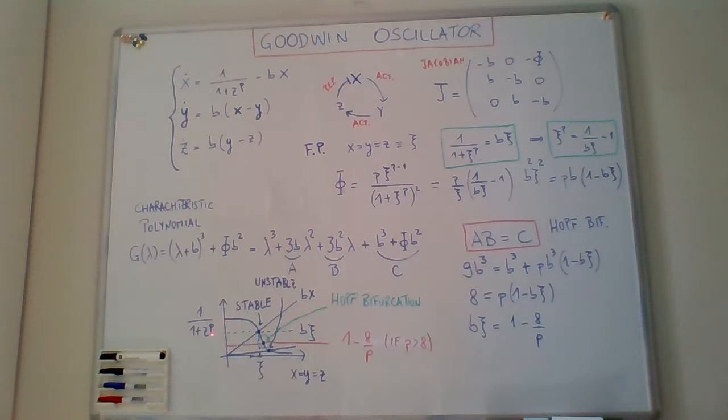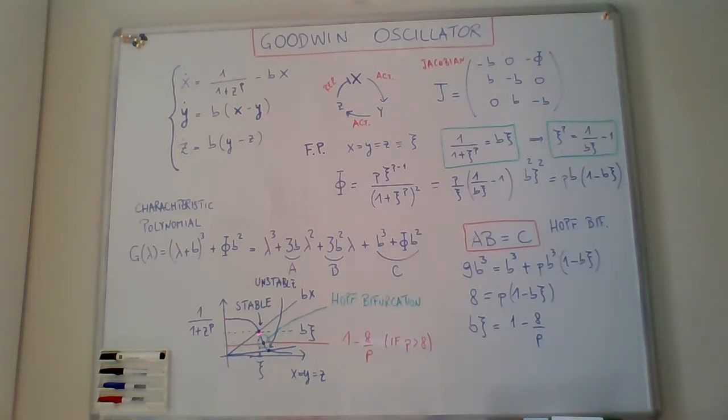What is this? This is 1 divided by 1 plus z to the p. Again, the horizontal axis is the symmetry axis, x equals y equals z. We already established that the fixed point is given by the point where this is 0, so it's where the line b times x intersects this Hill function.